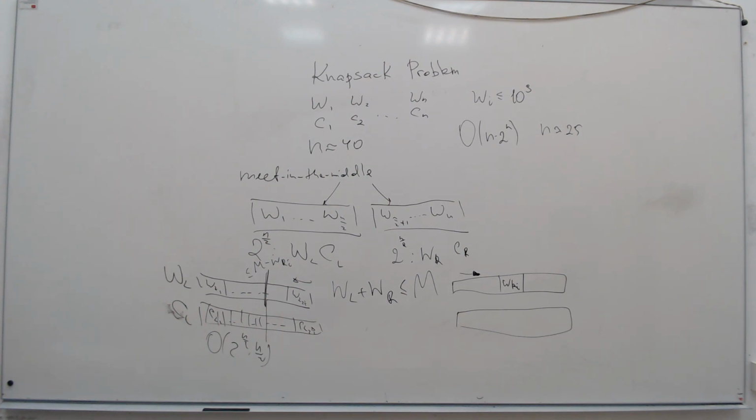Questions? You're not asked to write this algorithm in the homework. I'm explaining it so you understand that we can solve problems using this approach, meet in the middle, where you split the problem into two halves, solve the problem on the left, solve the problem on the right, and then join them together.